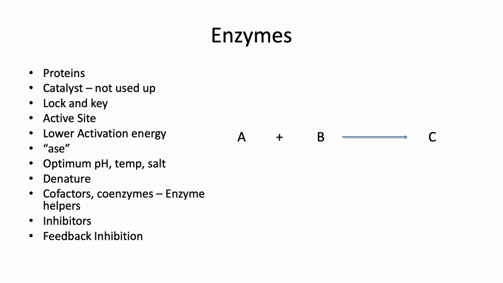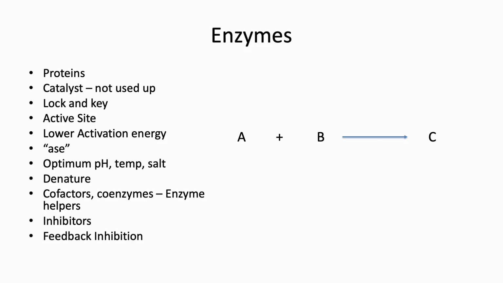Now, enzymes all have optimum pH, temperatures, and salt concentrations that they function at ideally, or the best. Outside of that range, it's going to affect their ability to catalyze the reaction. And at some point, if the pH, temperature, or salt concentration is too high or low, it may affect the folding, because remember, the enzyme is a protein.